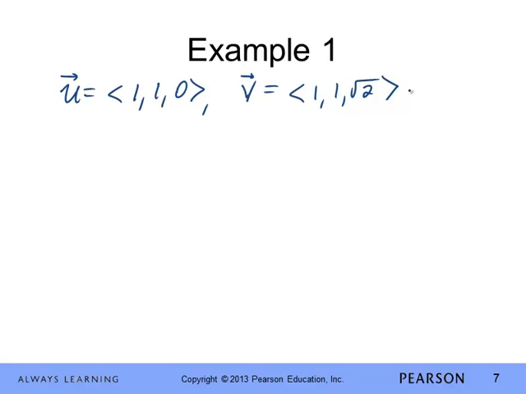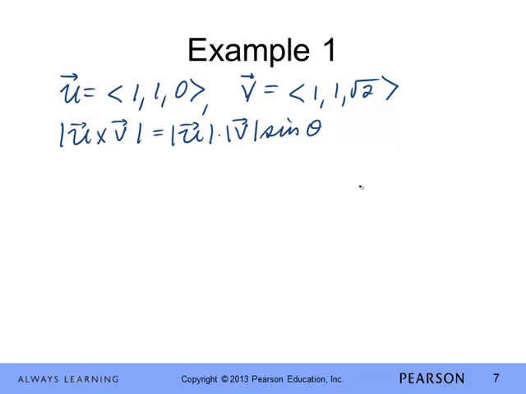We're supposed to find the magnitude and direction of u cross v. Now, we don't know how to specifically calculate u cross v, but we can find the magnitude. Remember, the magnitude of u cross v is magnitude u times magnitude v times the sine of the angle between the two vectors.